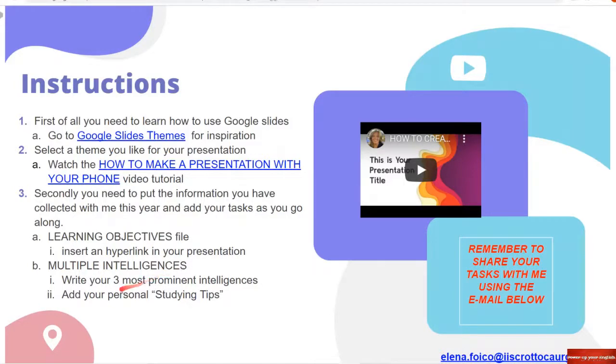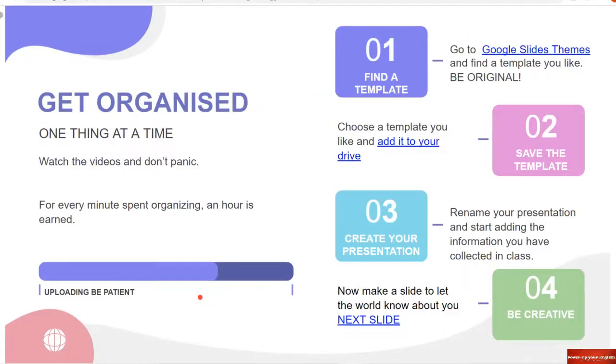Do you remember? You needed to write your 3 most prominent intelligences in another presentation and add your personal studying tips. Please add your own studying tips as well. Get organized. So let's do one thing at a time. Watch the videos and don't panic.